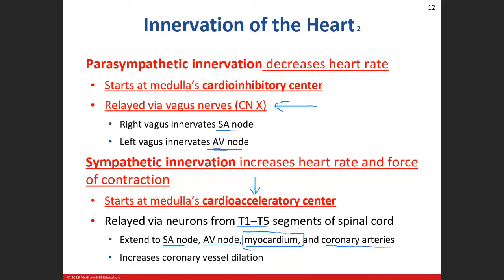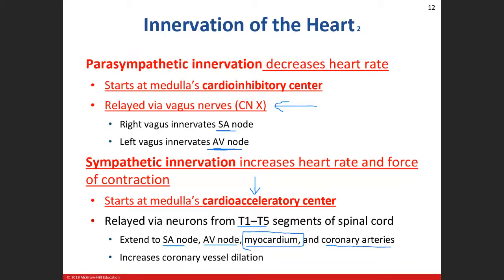The parasympathetic division has nothing to do with blood vessel diameter. So if that's what you were thinking before, erase that from your brain, because it does not. The sympathetic is the only one that will influence the diameter of blood vessels. Promise me that you know that now. So keep that in mind.